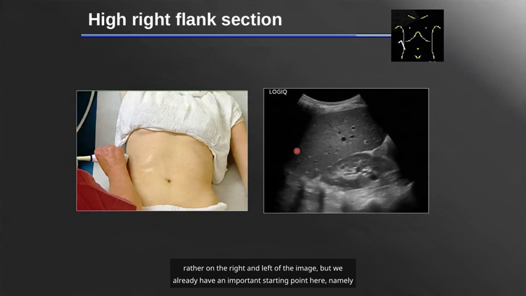But we already have an important starting point here, namely the right kidney and the liver together in the image, in order to be able to evaluate this echo contrast, which can give us indications of liver steatosis.